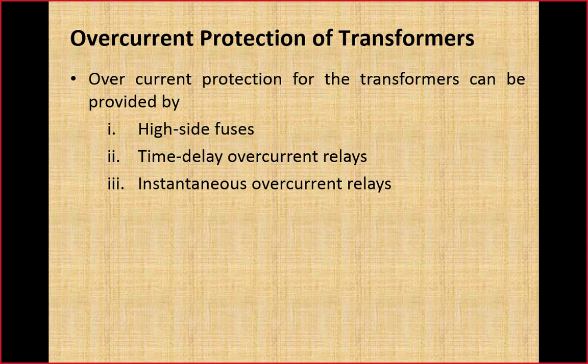As the size of the transformer and its importance further increase due to increase in its power, then instead of using instantaneous overcurrent relay for short circuit fault, we use differential relays that we discuss after this.